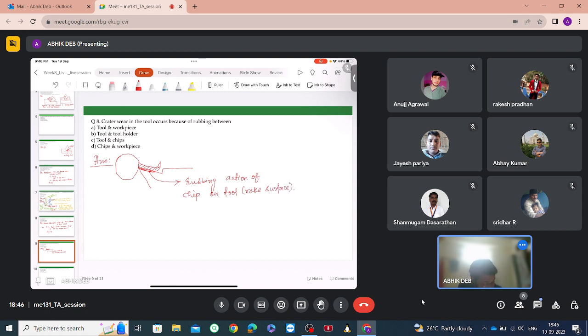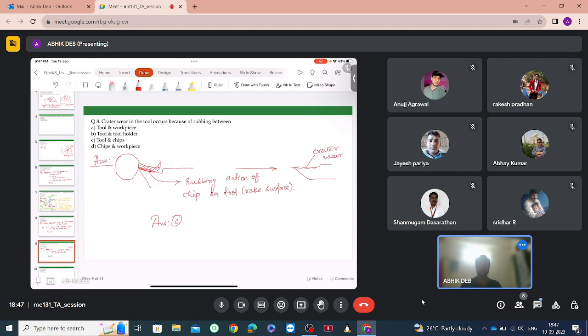As a result, the tool wears like this. Suppose this was the initial tool geometry, it will become like this, small craters will be formed. This is called the crater wear. So the correct option is option C.